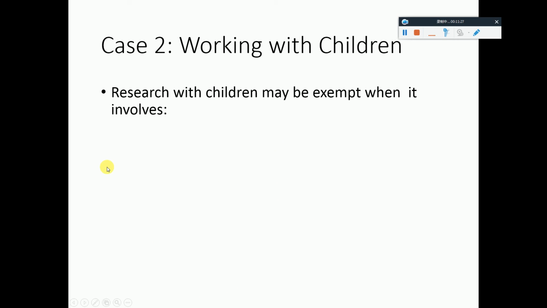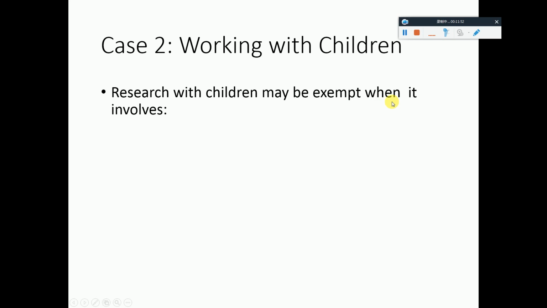So definitely research with children is valuable, and the IRB stipulates that some research projects with children may be exempt. That is, this research will receive exempt review, right? It does not say that these research studies will not be reviewed. They will still be reviewed, but they will receive exempt review faster.